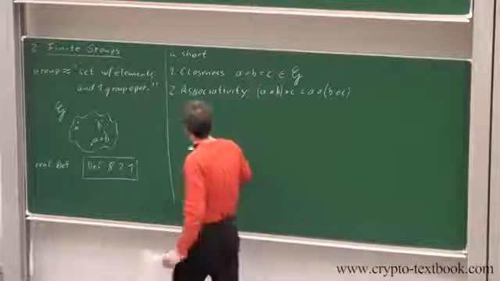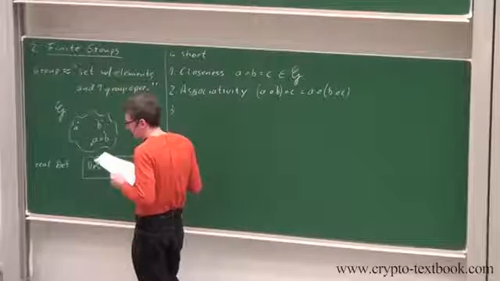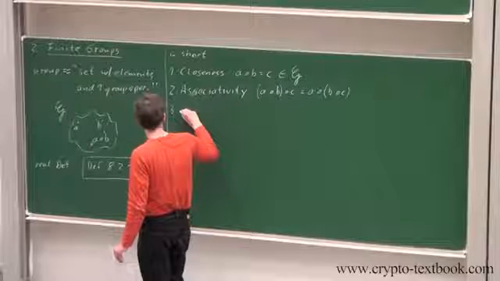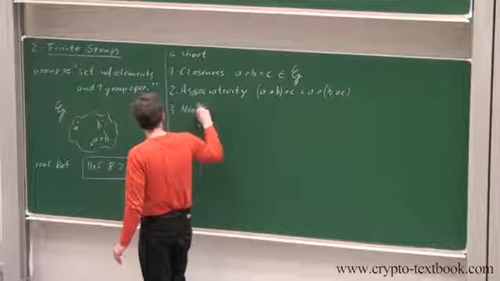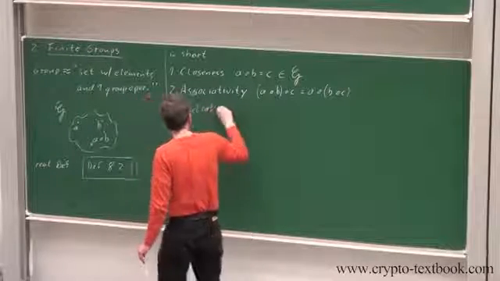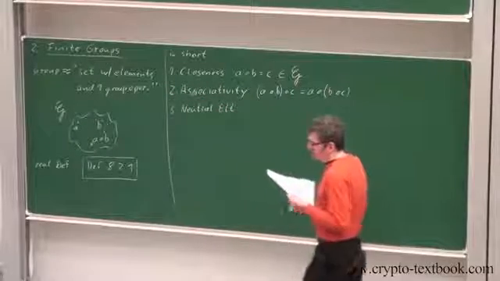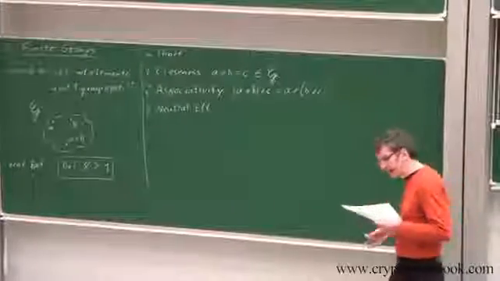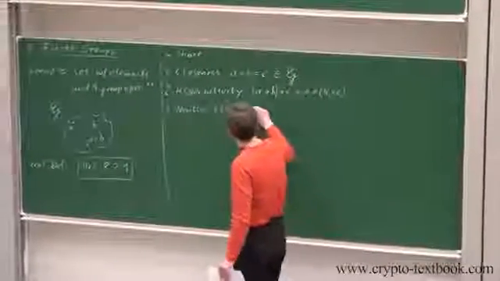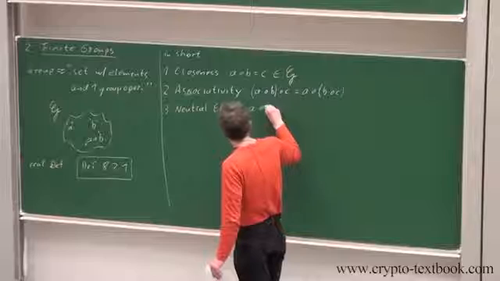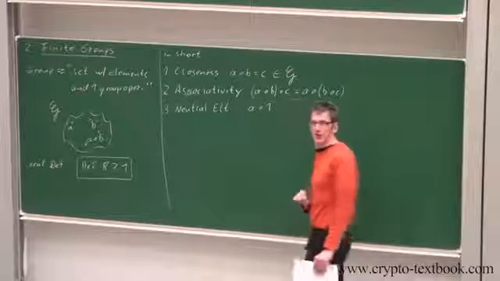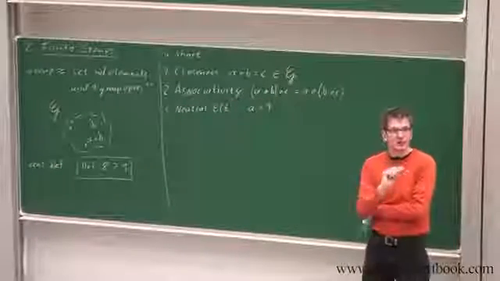Now it's getting a little bit more interesting for our purposes here, for cryptographic purposes. There is a neutral element such that, so A times, or A donut 1 is equal to what?